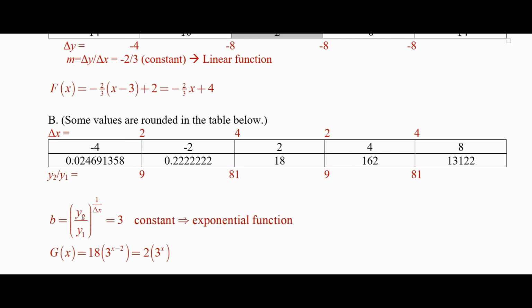And then the base is y2 divided by y1 to the power 1 over delta x. So we do 9 to the 1/2 power is 3, 81 to the 1/4 power is 3, and repeat those values again. So that base is a constant. That's an exponential function. There's the base. And we can pick a point here, (2, 18), put an 18 here, put x minus 2 in the power. Or this one reduces nicely to this, 2 times 3 to the x power.